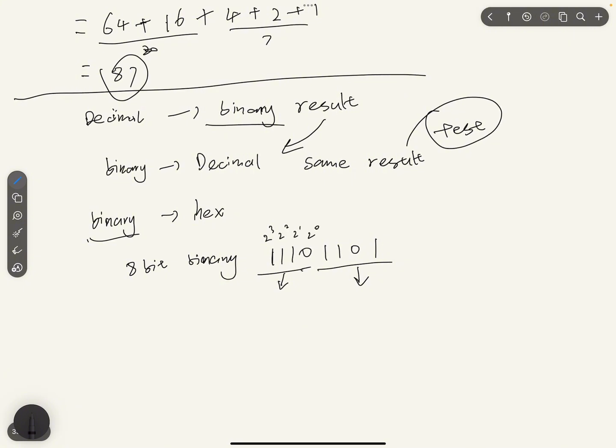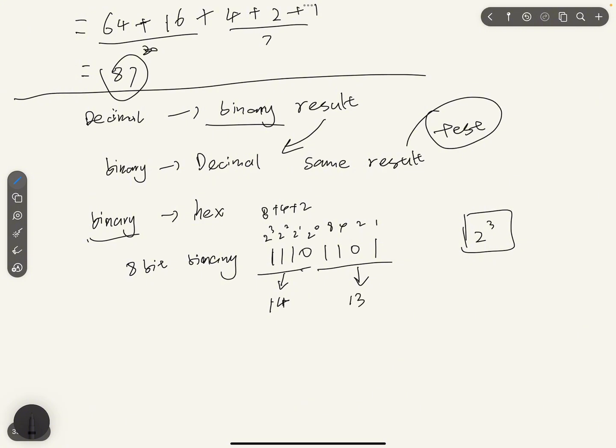So every group will only have the weight up to 2 to the 3, because we group the 4-bit binary to get 1 digit hex. So that will give us 8 plus 4 plus 2, so that will be 14. And this one will be 1, 2, 4, 8, so 12 plus 1, that will be 13.